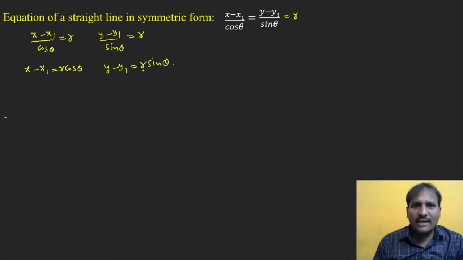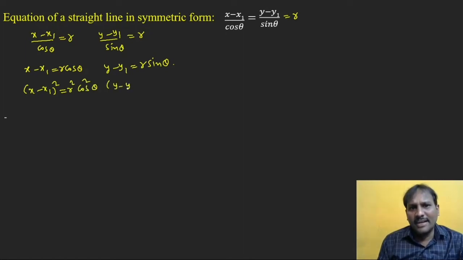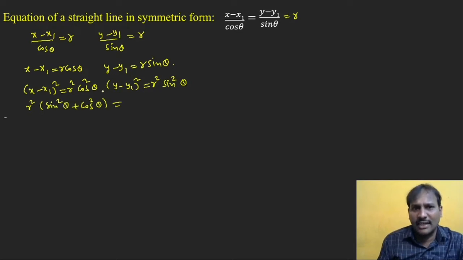Let us square on both sides and add. That is, (x minus x1) whole square is equal to r square cos square theta, and (y minus y1) whole square is equal to r square sin square theta. If you add them, what you will get? I am adding the right-hand side of both the equations: r square (sin square theta plus cos square theta). On the left-hand side, you have (x minus x1) whole square plus (y minus y1) whole square.